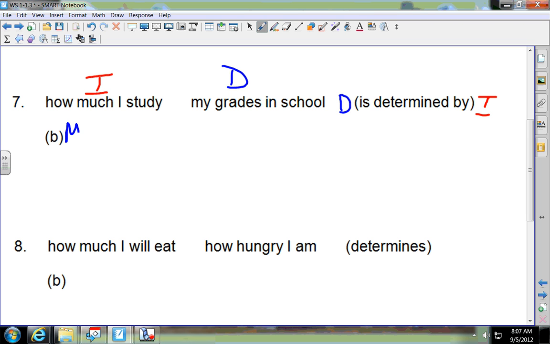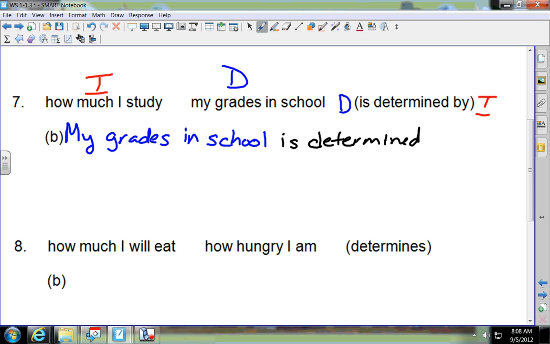So my grades in school is determined by how much I study.